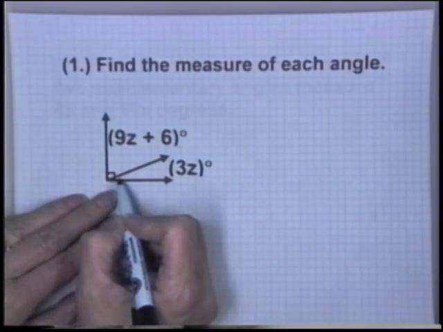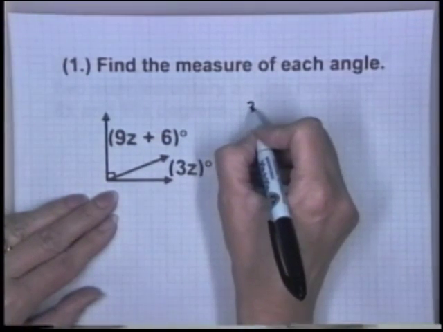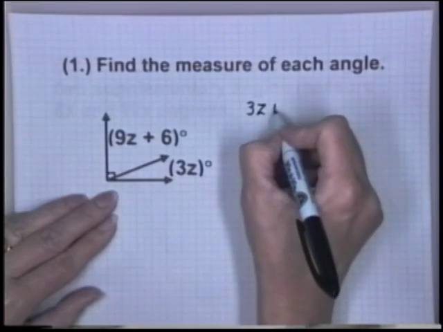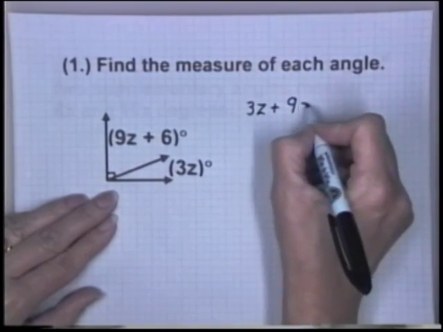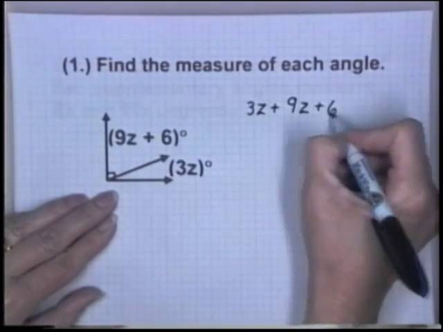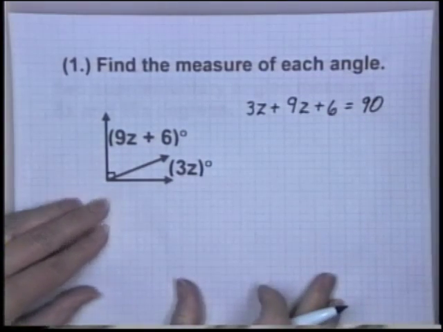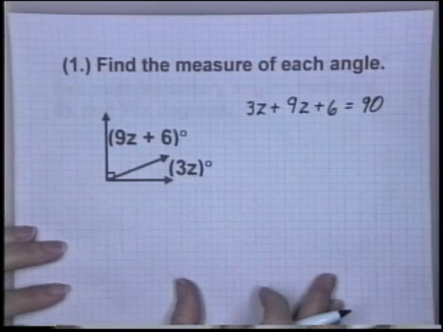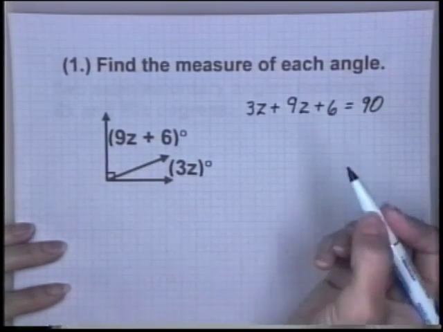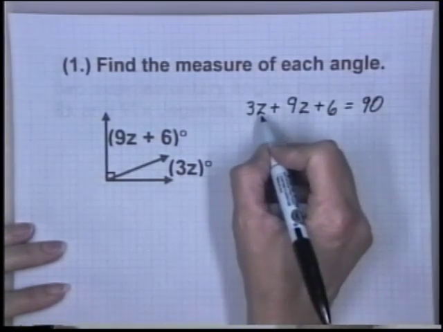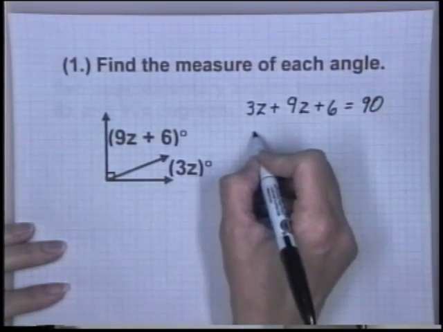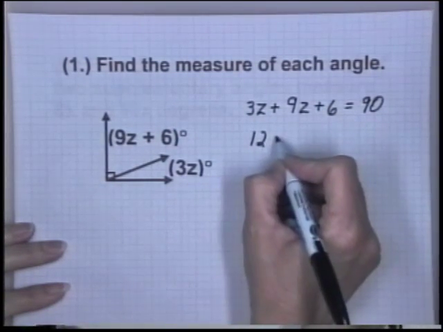So that means that 3z plus the 9z plus 6 equals 90 degrees. So we will set up the equation. Let's combine like terms. 3z plus 9z is 12z.